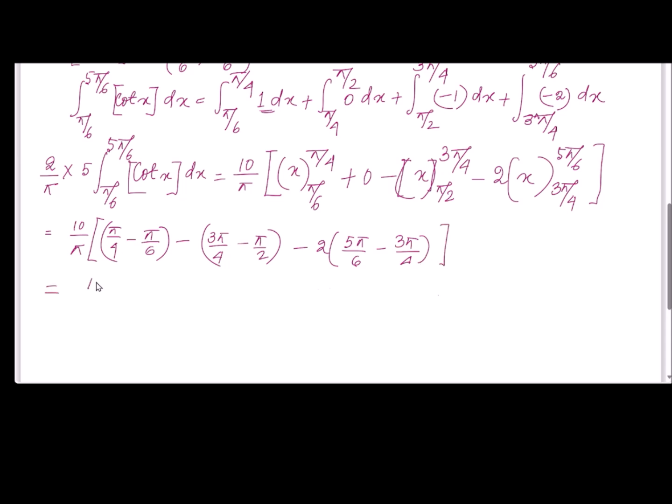So this equals to 10 over pi by 4 minus pi by 6, pi by 12, 3 pi by 4 minus pi by 2, pi by 4, minus 2 into pi by 12.